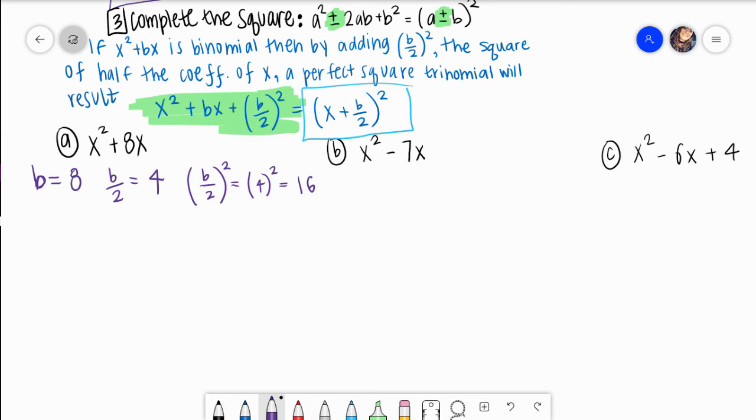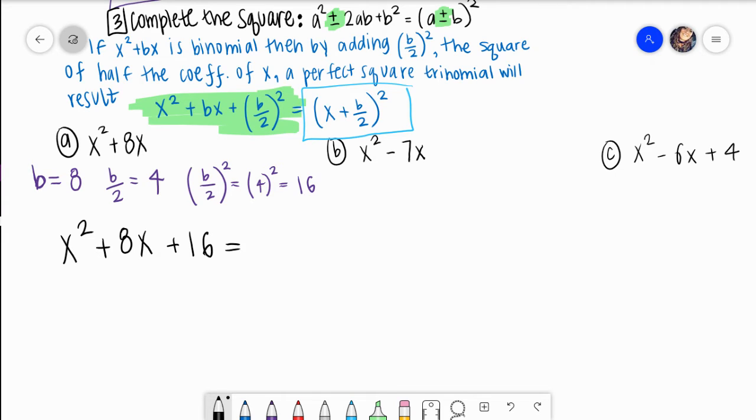So those are the three things that I need to know. Now we're going to plug it into the form that I've highlighted in green, and finish it with the right-hand side that I squared in blue. So we have x squared plus bx, which is plus 8x. Then it tells me to add half of b, squared, which is 16.